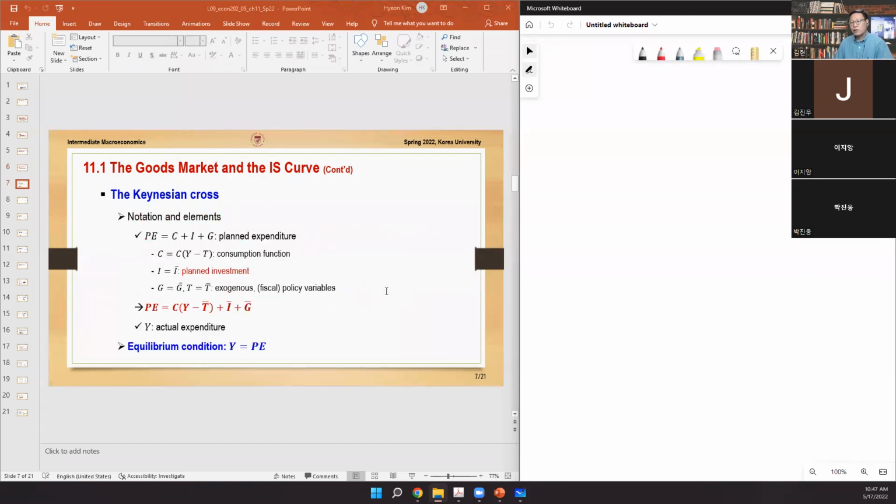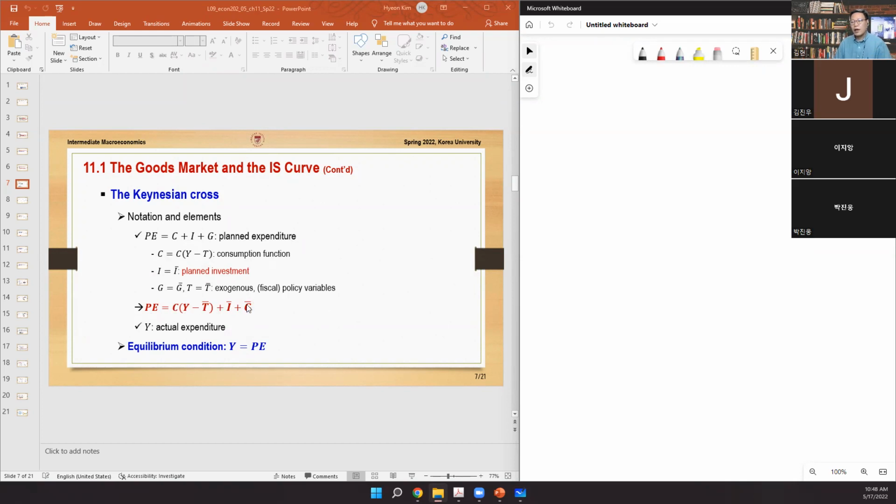We have a very simple relationship, because in the Keynesian cross system, investment is just fixed, exogenous. In other words, we have only one endogenous variable, Y, which is a determinant of consumption. In terms of the slope of the consumption function, we have a specific slope of planned expenditure, and all other variables are exogenous.